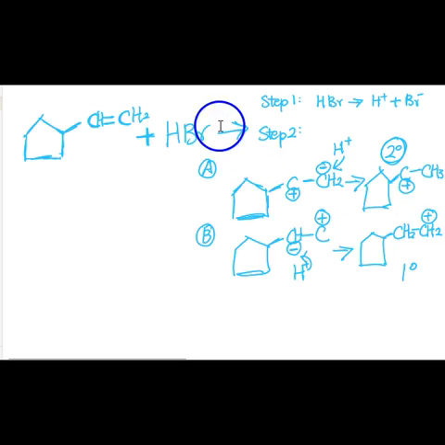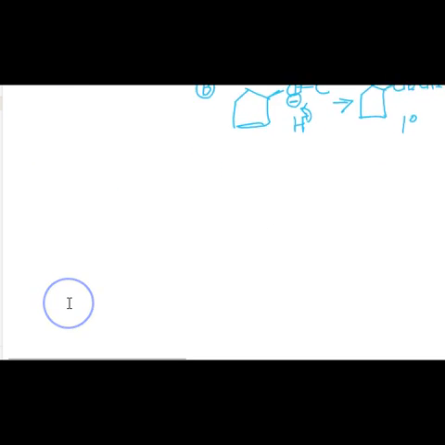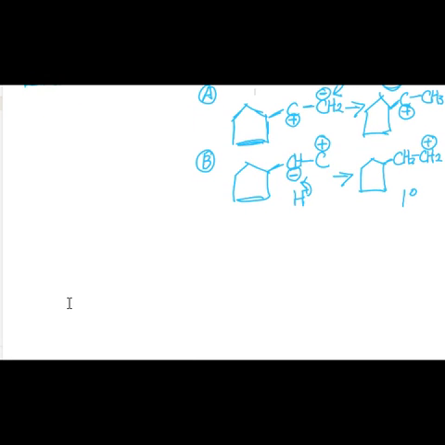So let's go down a bit. Now, knowing that this is our dominant intermediate, so pause here, and then CH3. Now, since this is secondary already, can it become more stable? All right.